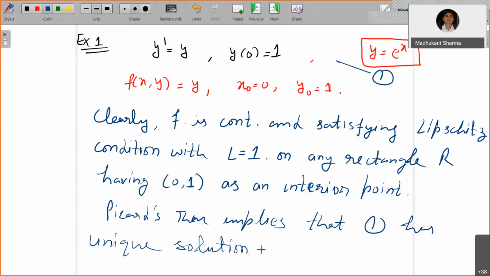On, I can write mod of x minus x naught, so x naught is 0, mod x less than or equal to h, where h is equal to minimum of a comma b by M. So you should fill out these gaps now. What is M here? Maximum. Let me complete it.